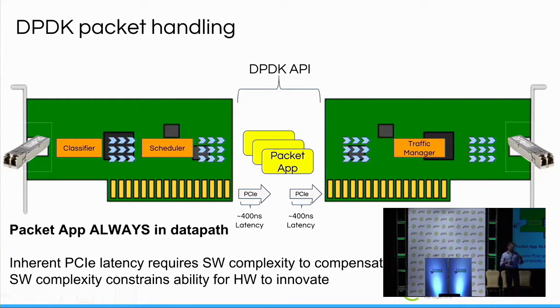And this means that whenever you have an application, I mentioned this IPsec thing and layer 3 forwarding, essentially you get the packets out of the card and then you do something, the software is always involved in the packets.